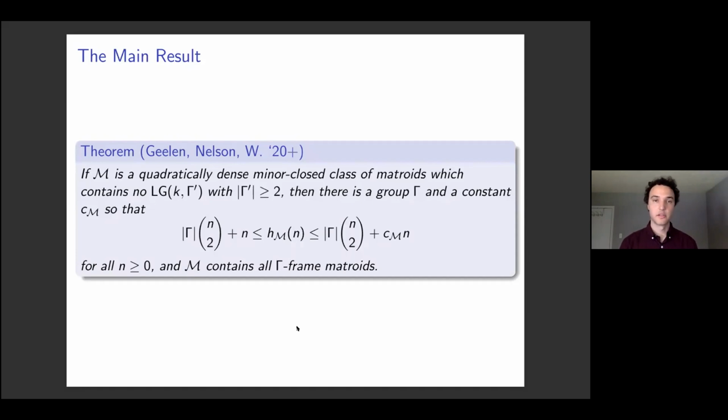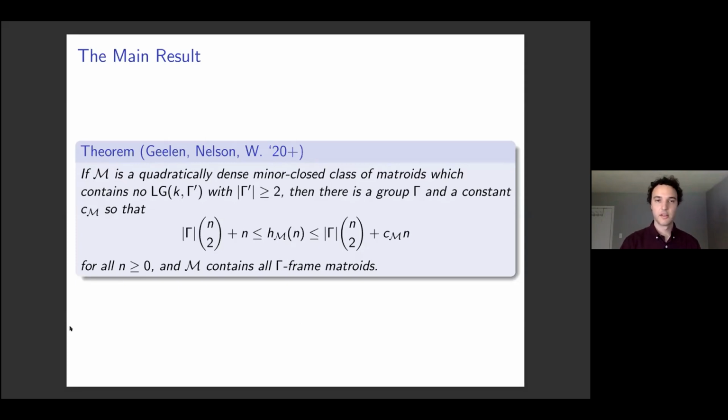But there's maybe two potential drawbacks. The first is that it's unclear whether it's even possible or common for a quadratically dense class to actually exclude all lift geometries of some fixed rank K. Okay, so maybe that's tough for natural classes.